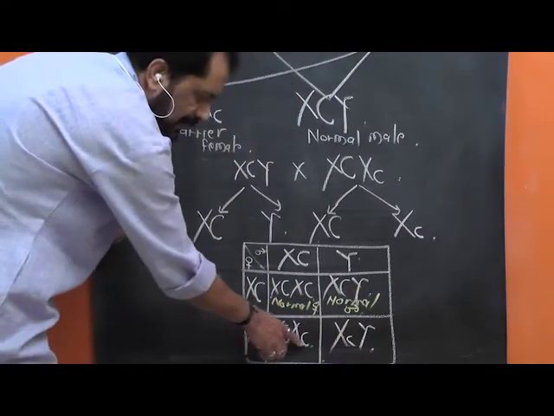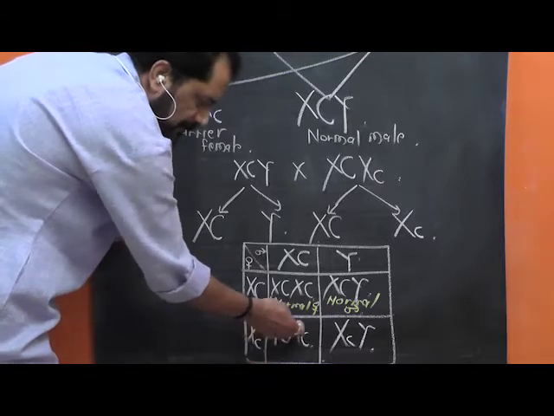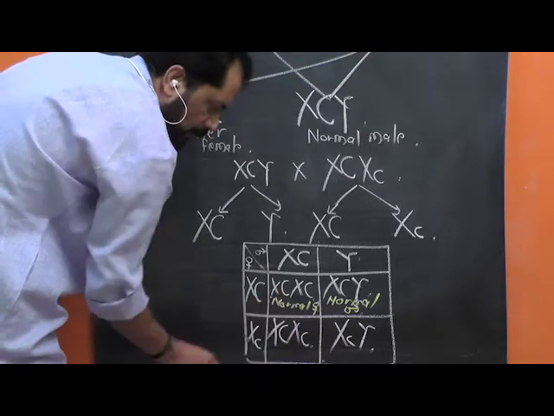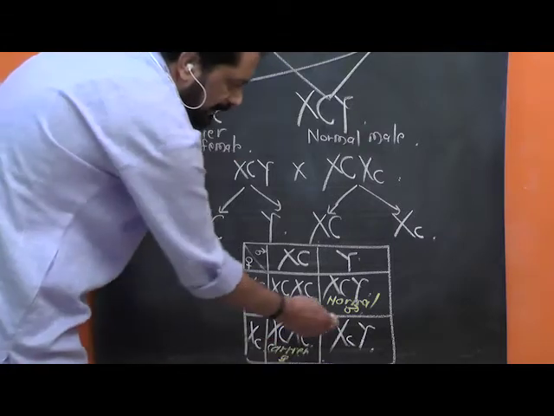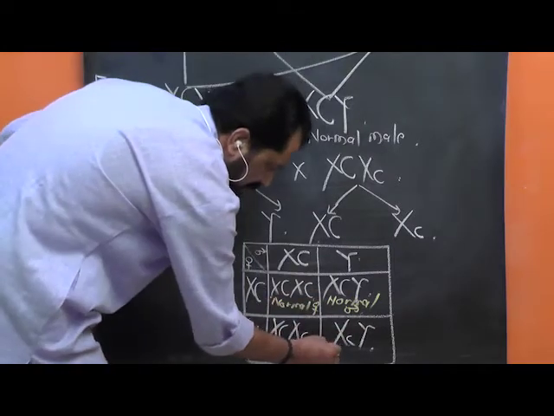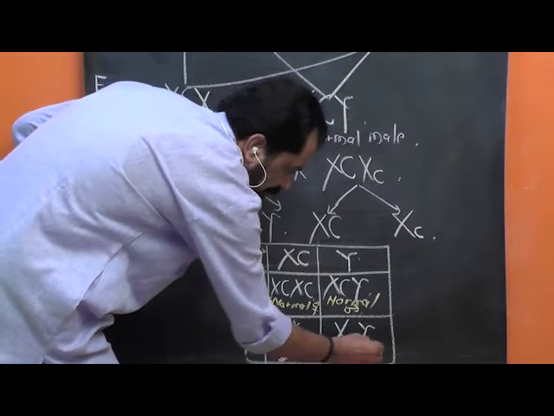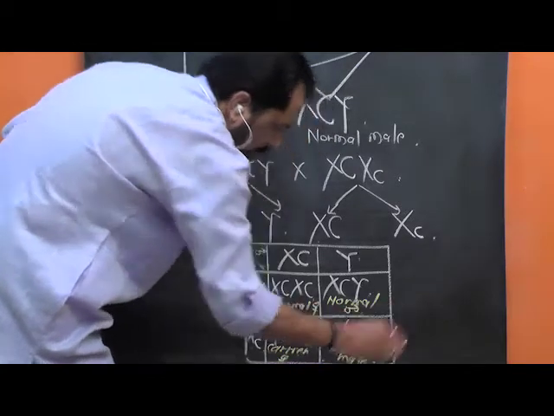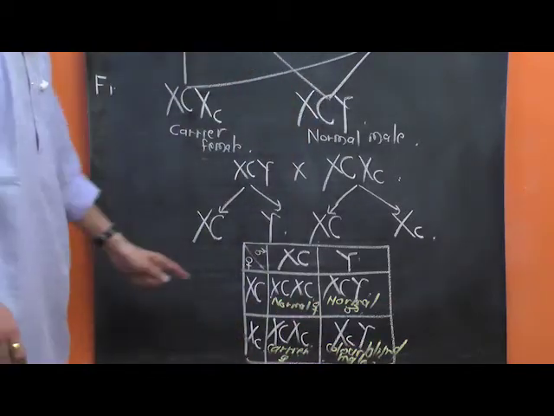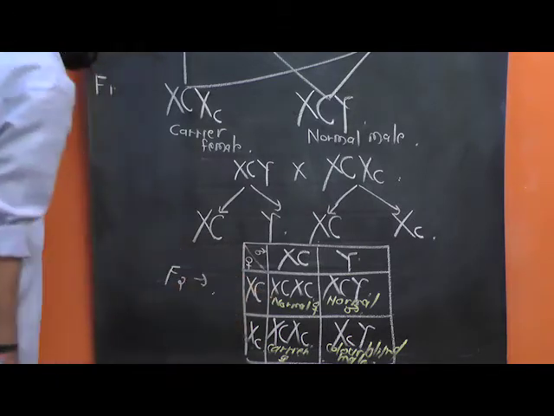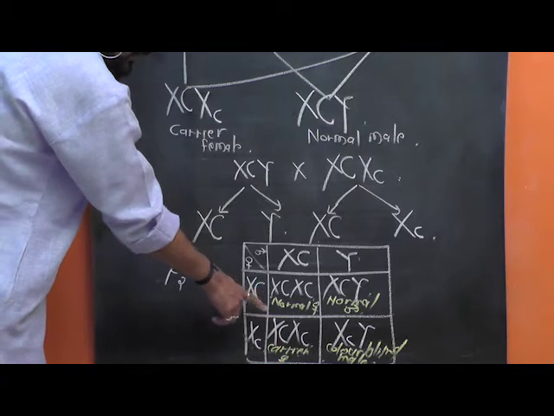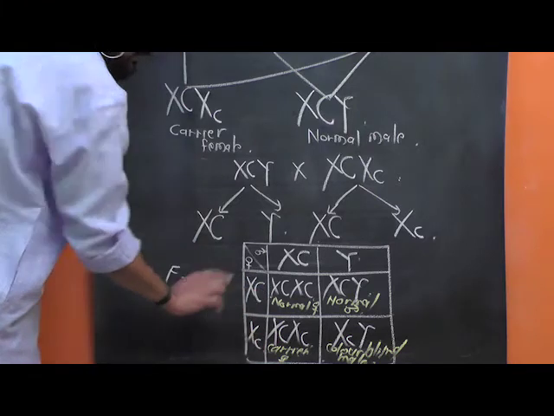X capital C X small c, so it is female, but one gene dominant, one recessive, means it is a carrier female. And X small c Y means it is a color blind male. Okay, means in F2 individuals, half of the females are normal and half of the females are carrier.